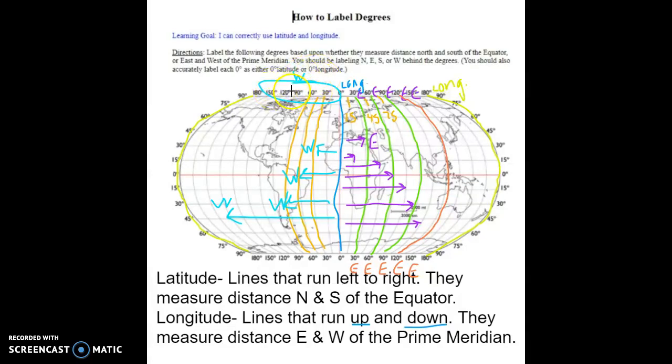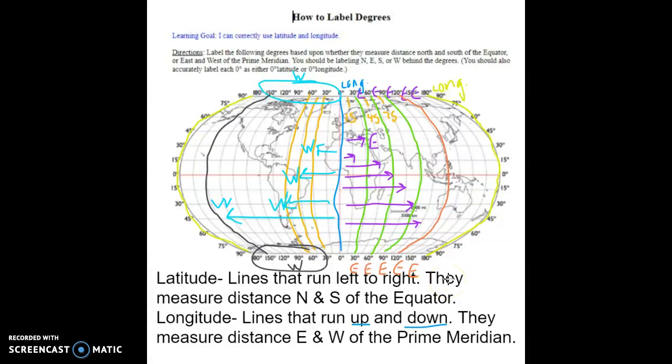Remember again, these lines up here are the exact same lines as these lines down here because they do connect. So if you follow them, for example, this 150-degree line, remember they curve, so we have to be careful. It's the same line. So all these lines down here as well are west.